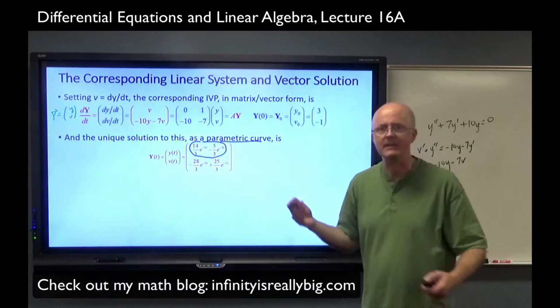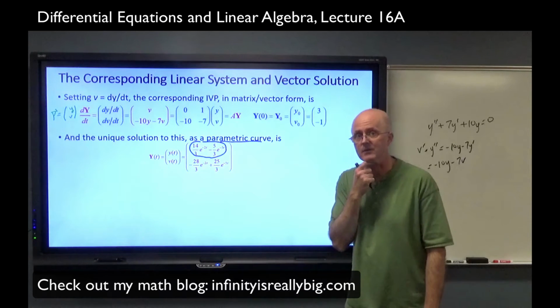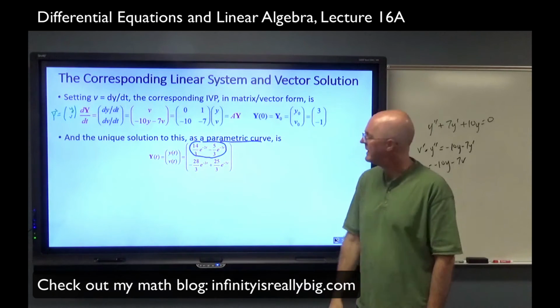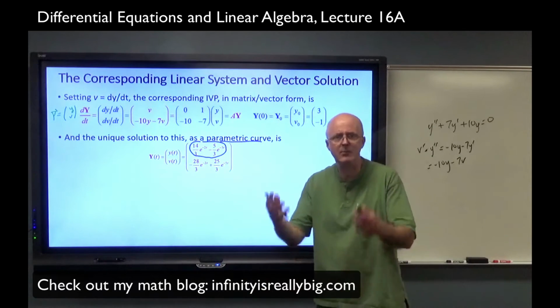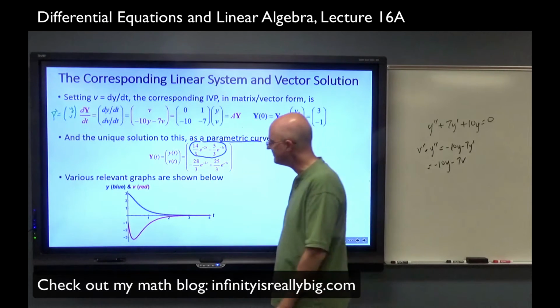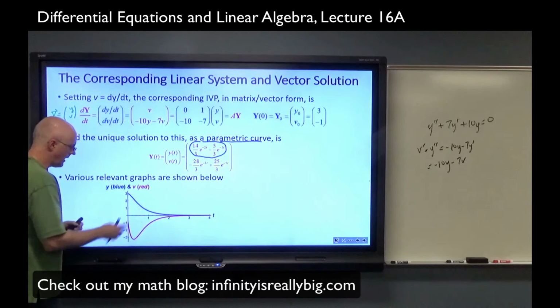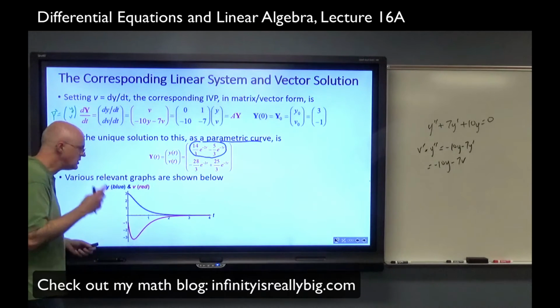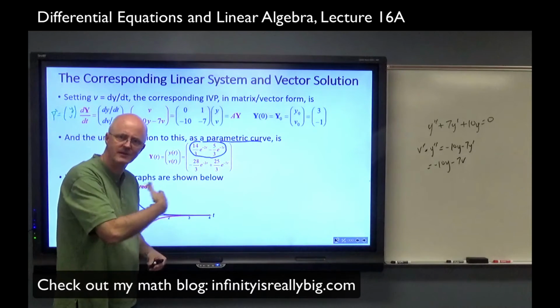We'd like to graph it in the phase plane, which will have a y-axis horizontal and a v-axis vertical. Before we do that, we can also graph little y and little v individually as functions of t with ordinary graphs. That's what you see right here. When you look at these ordinary graphs, y in blue, v in red, you should take a few seconds to think about the motion of the mass on a spring.